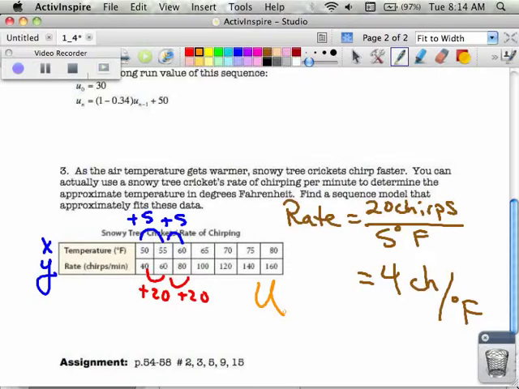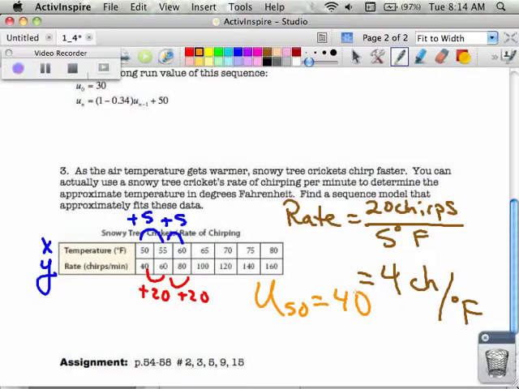U50. Because it's the first temperature I see for the x values. And that number is 40. So my beginning value at temperature 50 is 40 chirps.